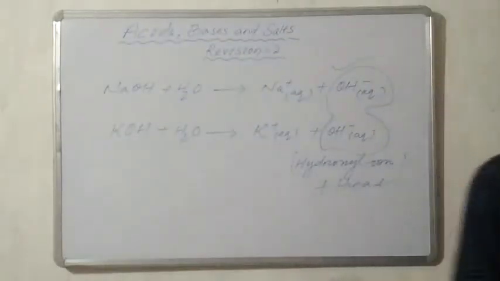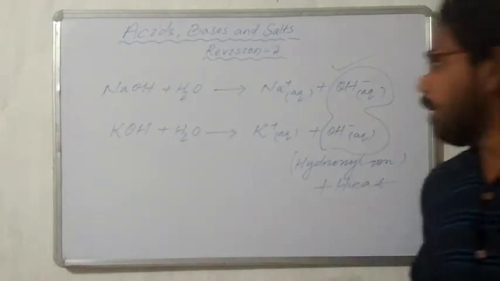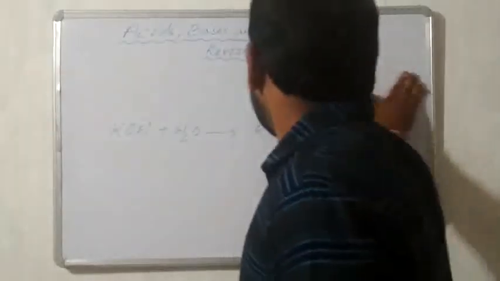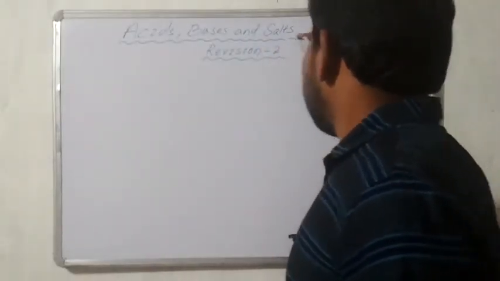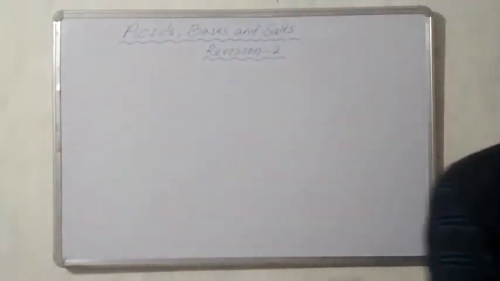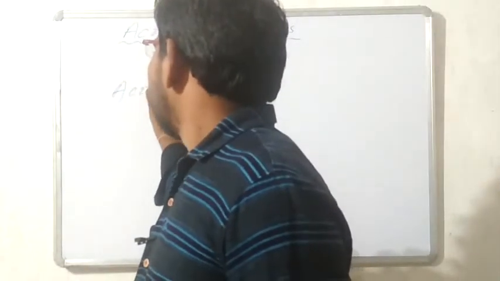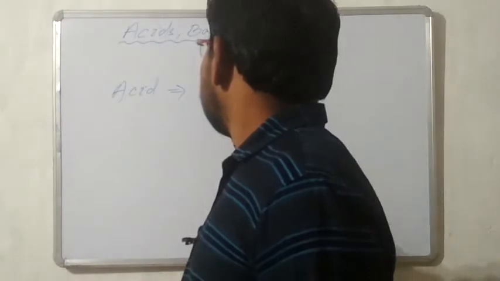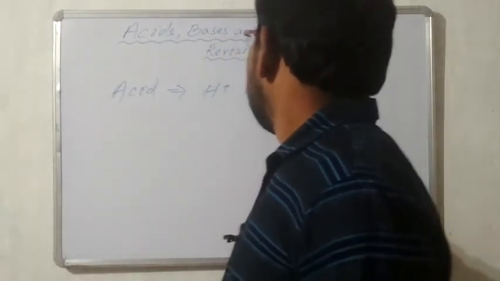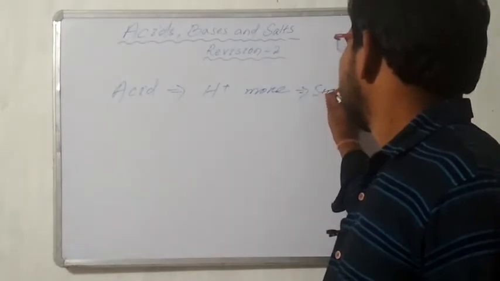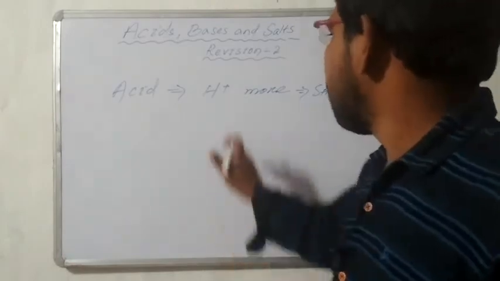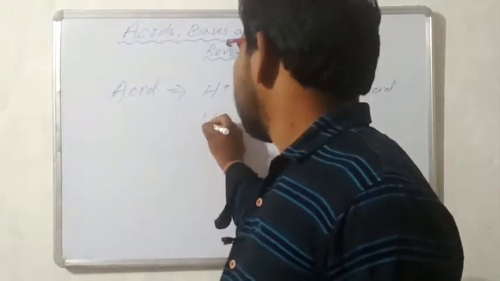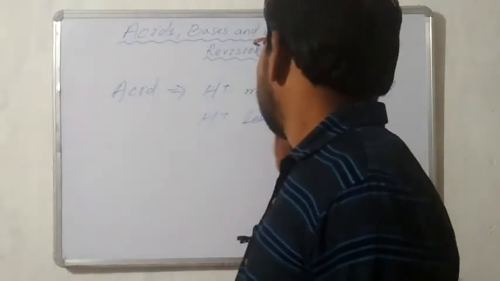Acids and bases can be either strong or weak. This depends upon their H plus ion concentration and OH minus ion concentration. In case of acids, when H plus ions are more, it is a strong acid, and when H plus ions are less, it is a weak acid.